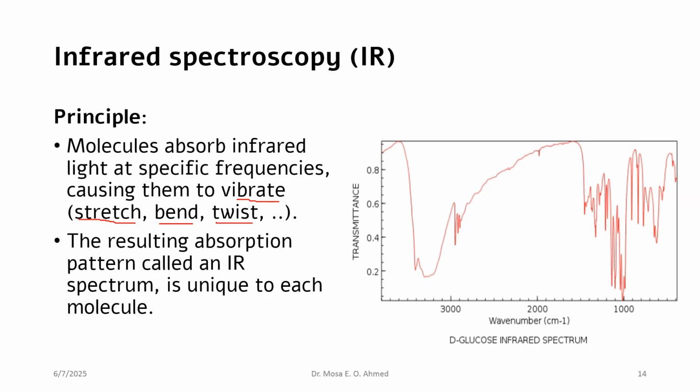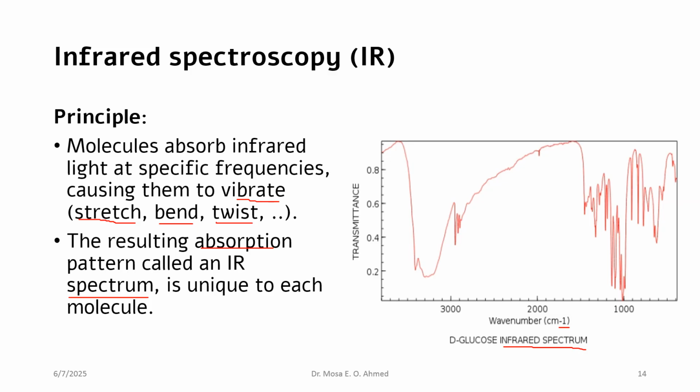The resulting absorption pattern for IR is unique for each molecule and results in an IR spectrum. In an IR spectrum, or infrared graph, we have two axes.